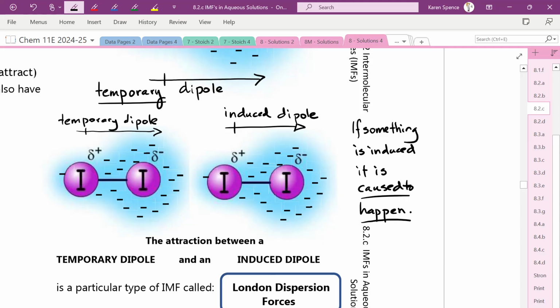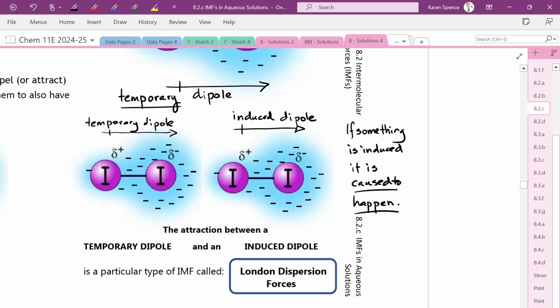So the temporary dipole induces the induced dipole. You're good? And what caused the induced dipole to happen?